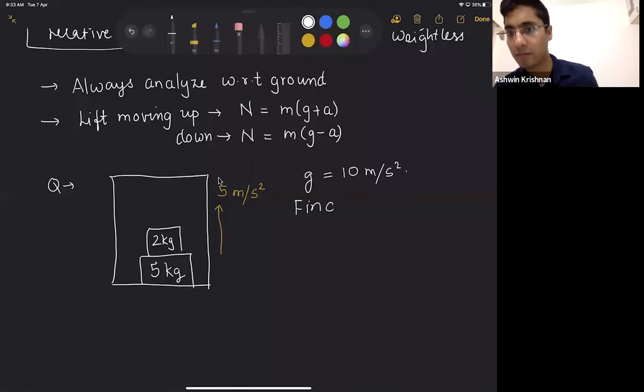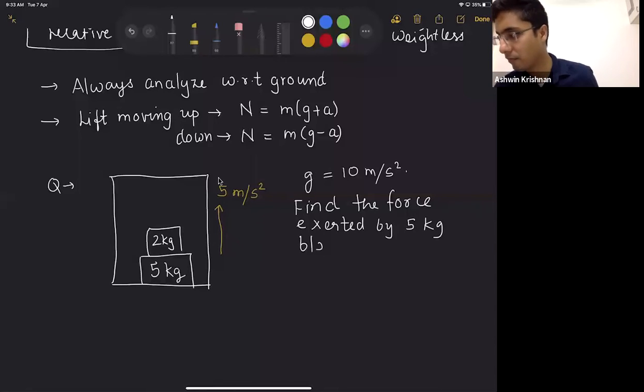Find the force exerted by the 5 kg block on the lift.